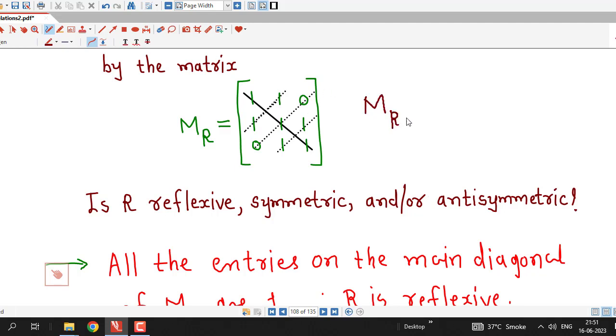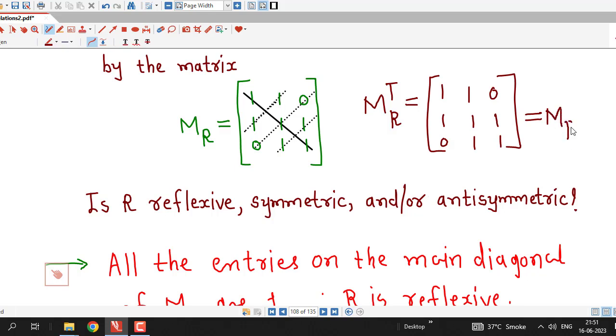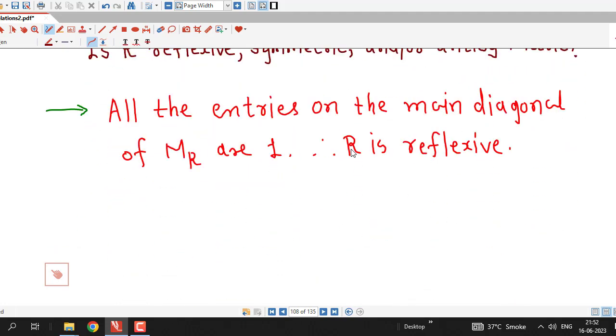If we find the transpose of this relation matrix, let's see what happens. I have to write the first row as the first column, the second row as the second column, and the third row as the third column, and you can see we obtain this as the relation matrix. The transpose of the relation matrix is the relation matrix itself. That means the relation matrix is symmetric and therefore the given relation is symmetric.